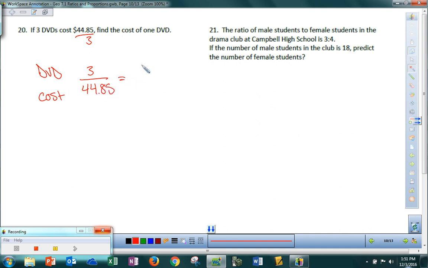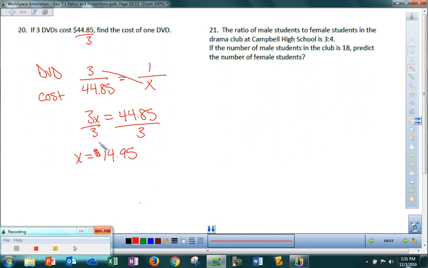We want to know 1 DVD costs how much? Well, that's 3 times x equals 44.85. So in fact, all you have to do is divide by 3. It's just showing you that you can use proportions to solve a lot of different types of problems here.